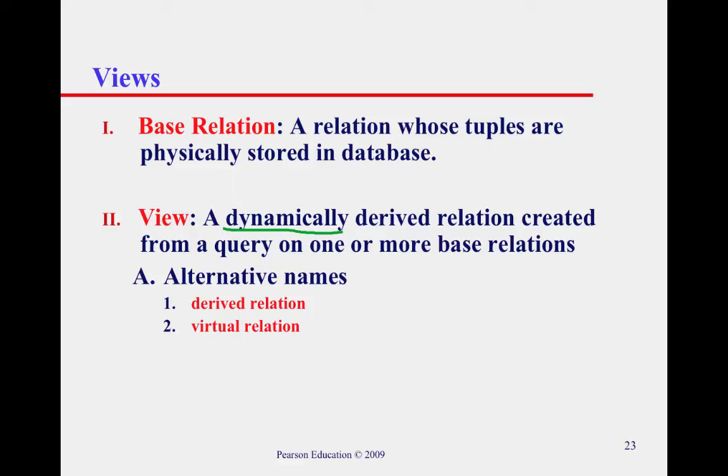Now, all views are relations themselves. So this is really important. Every view is itself a relation. So every query that we write is going to itself result in a relation. That's why I said earlier, when I was saying that a relation can be specified mathematically, that's what's happening with a view.